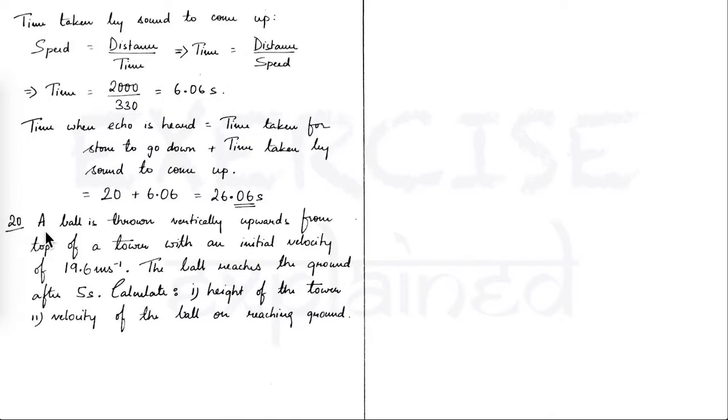So, coming to the 20th question, a ball is thrown vertically upwards from the top of a tower. So this is a very tricky question. Please understand this clearly. With an initial velocity of 19.6 meter per second, the ball reaches the ground after 5 seconds.